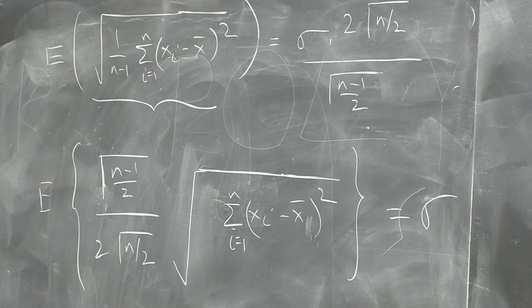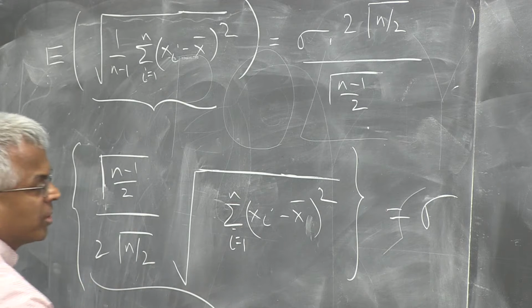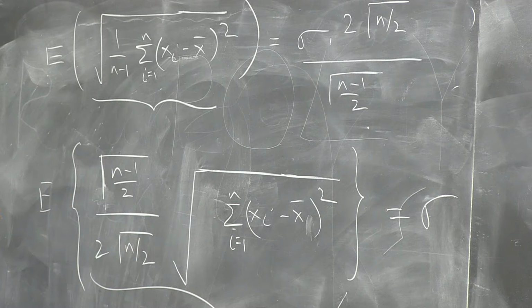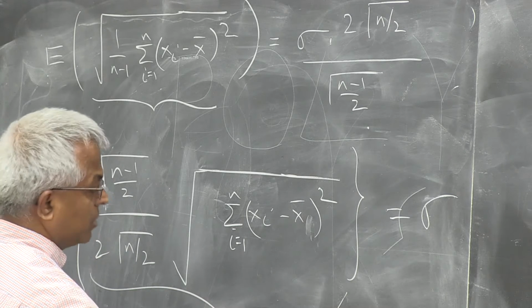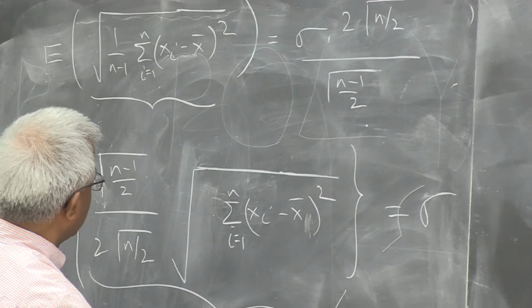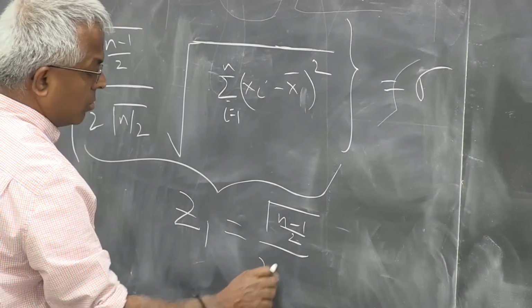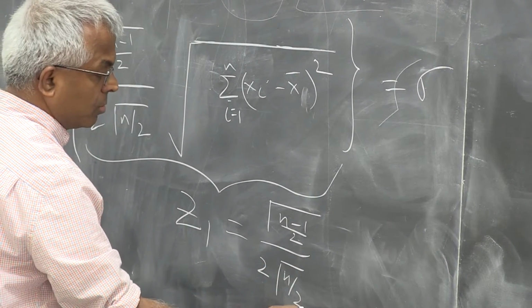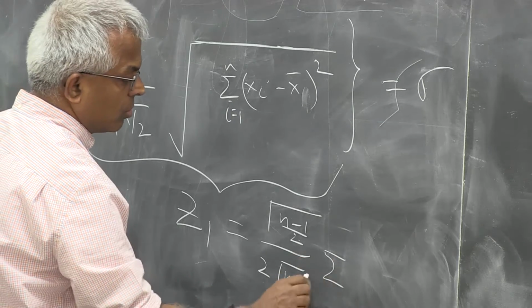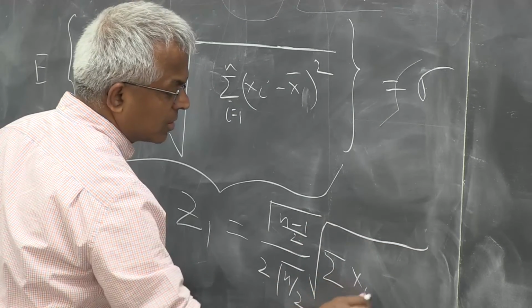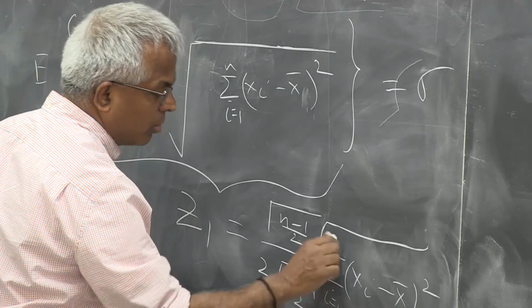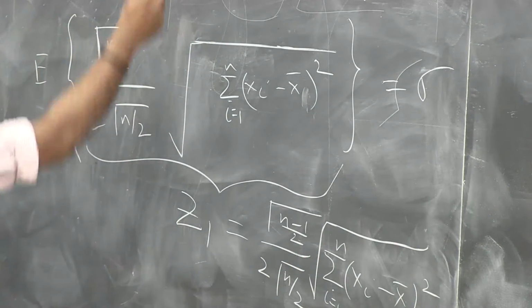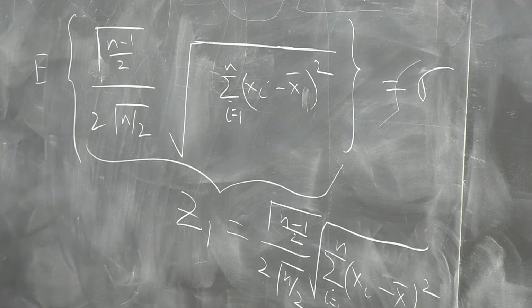So we found one unbiased estimator. We could say this one, Z1, equal to gamma n minus 1 by 2 over 2 gamma n by 2 times the square root of the summation of xi minus x bar, the whole squared, i equal to 1 through n, is unbiased for sigma. So this is one expression.